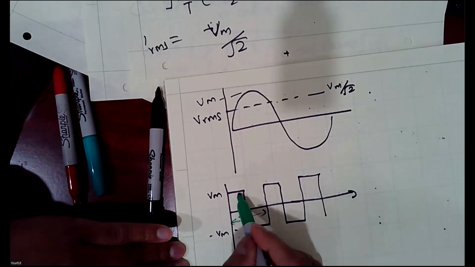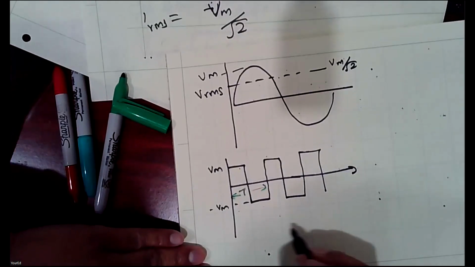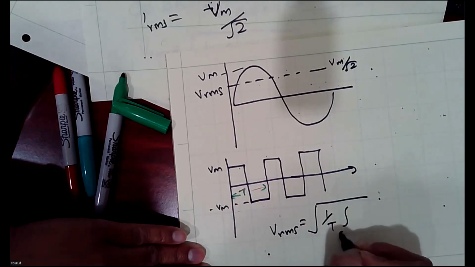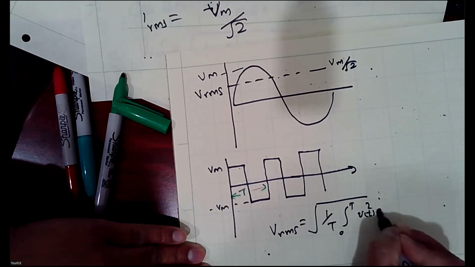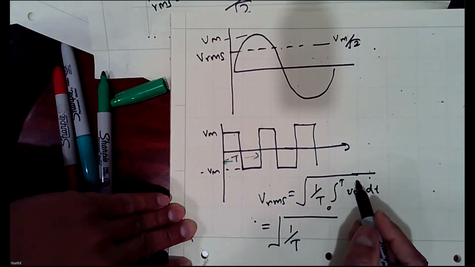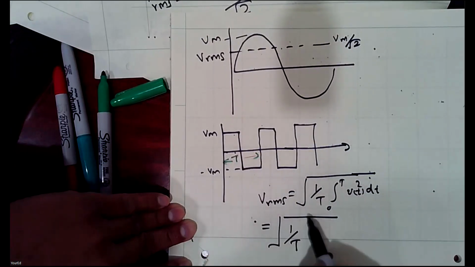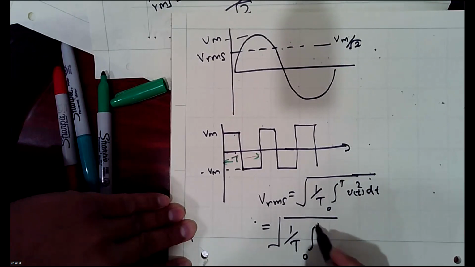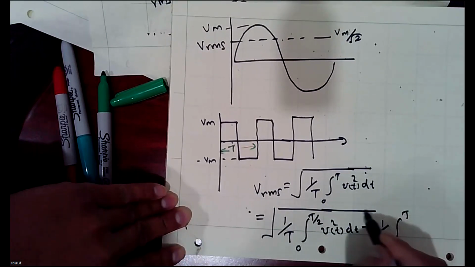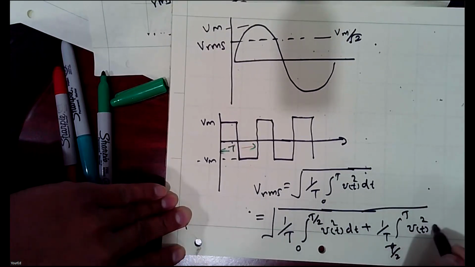So you can argue with the same formula, your RMS value will be the square root of 1 over T, 0 to T, Vt squared dt. I can write the integration in parts: 0 to T by 2, Vt squared dt, plus 1 over T, T by 2 to T, Vt squared dt.